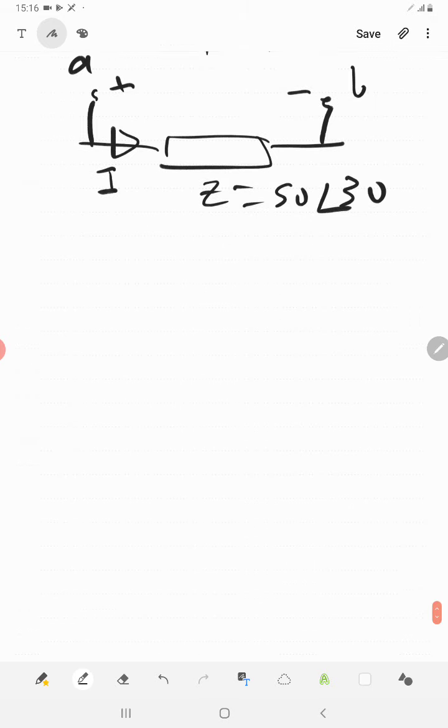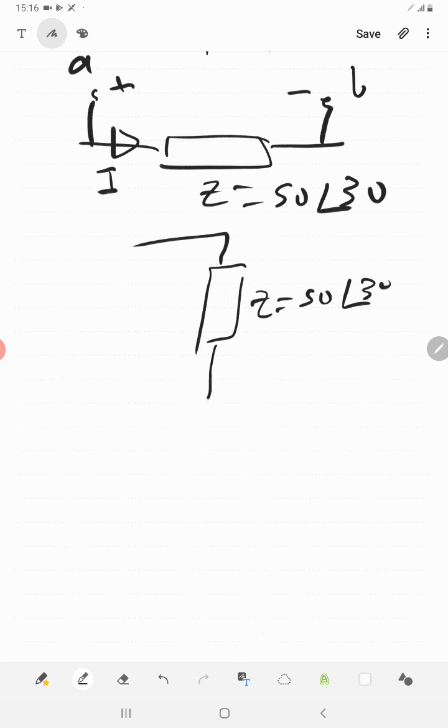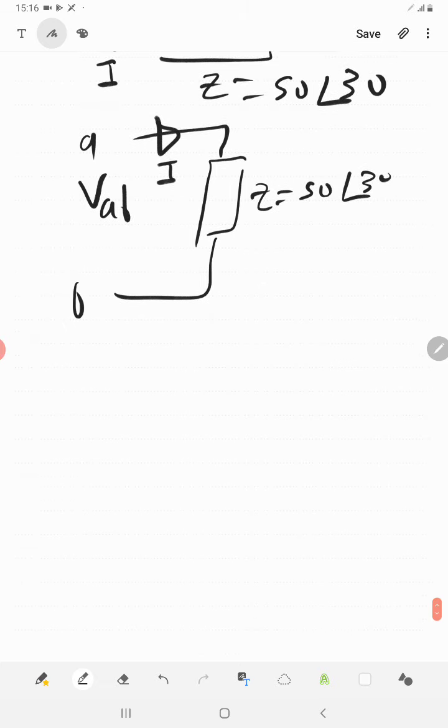Put it another way, I have a Z here equal to 50 angle 30, and there is a current I here. This is point A, this is point B, and here VAB. Okay? So we call this S in Z, which is equal to VAB times I conjugate.